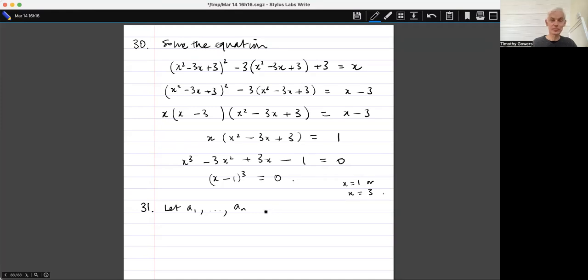Let A1 up to AN be a permutation of 1 to n.